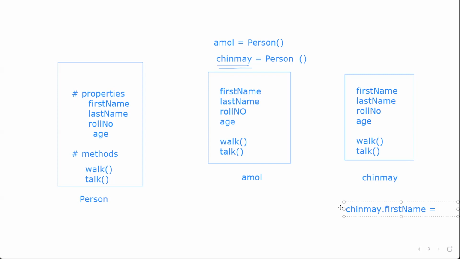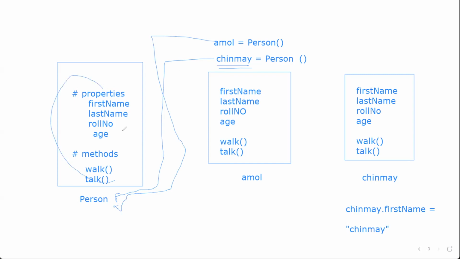So Chinmay's value will be updated because every object will have separate memory. But what is the type of Amol and Chinmay? The type of Amol and Chinmay is Person. That's why whatever you define on the template will be available on these objects.